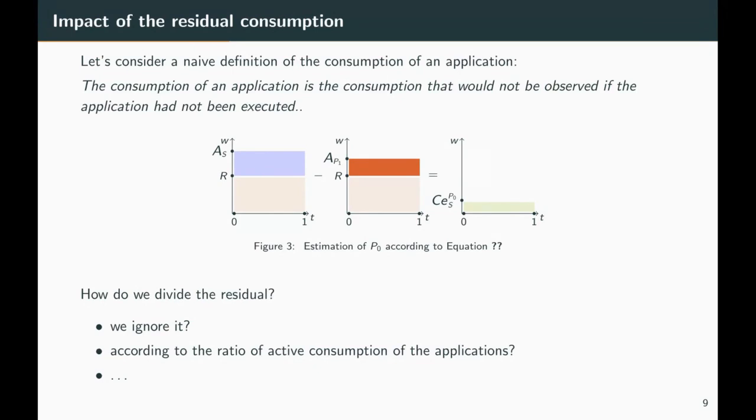One first definition we came up with is that the energy consumption of an application is the consumption that would not have been observed if the application had not been executed. For example, let's say we have a server with plenty of applications running.